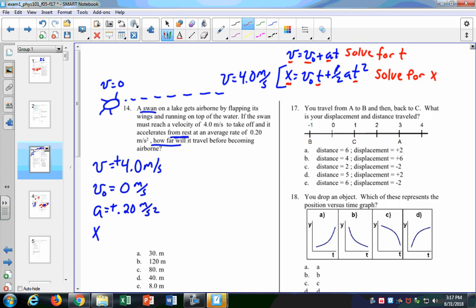Now let me just warn you, in some of your homework problems, we have systems of equations. And we'll work those periodically through the semester because it's useful for you to be able to solve a system of equations. That's when you have 2 equations with 2 unknowns in each equation. You have to have as many equations as you have unknown variables.